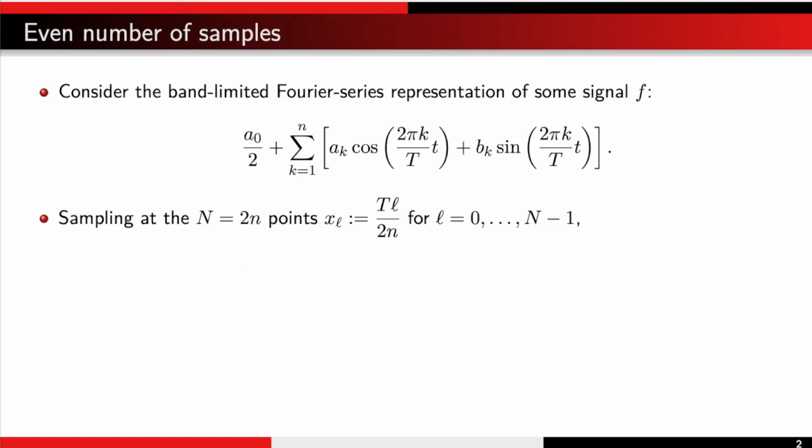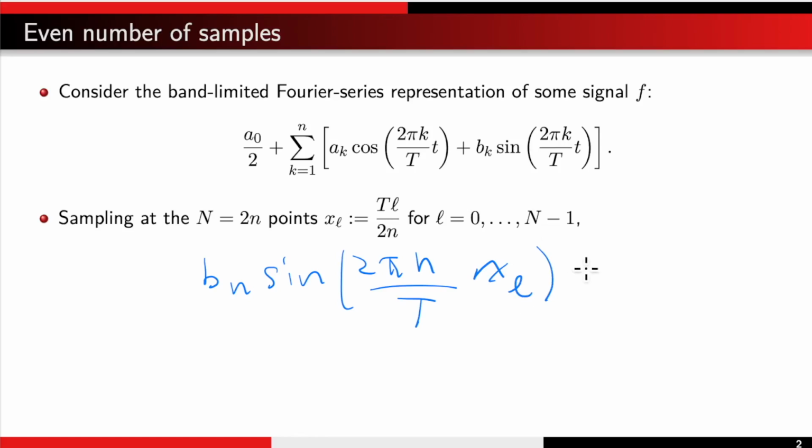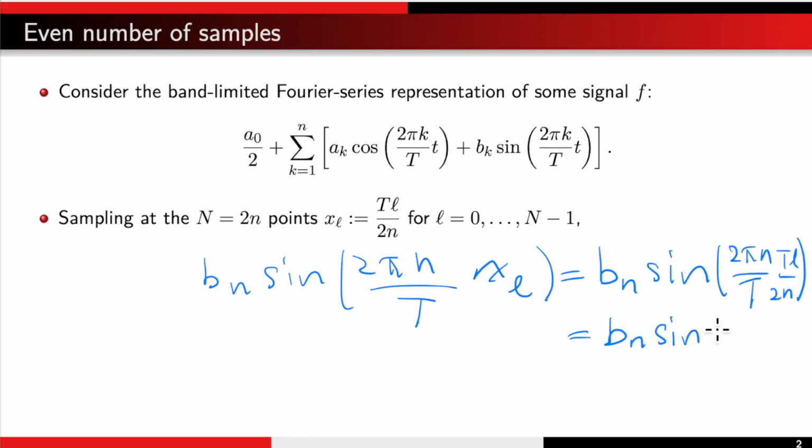Note that if we sample at these points, bn will not appear, because bn times sine of 2 pi n divided by T times xl is bn times sine of 2 pi n divided by T times T l divided by 2n, and that's bn times sine of pi l.